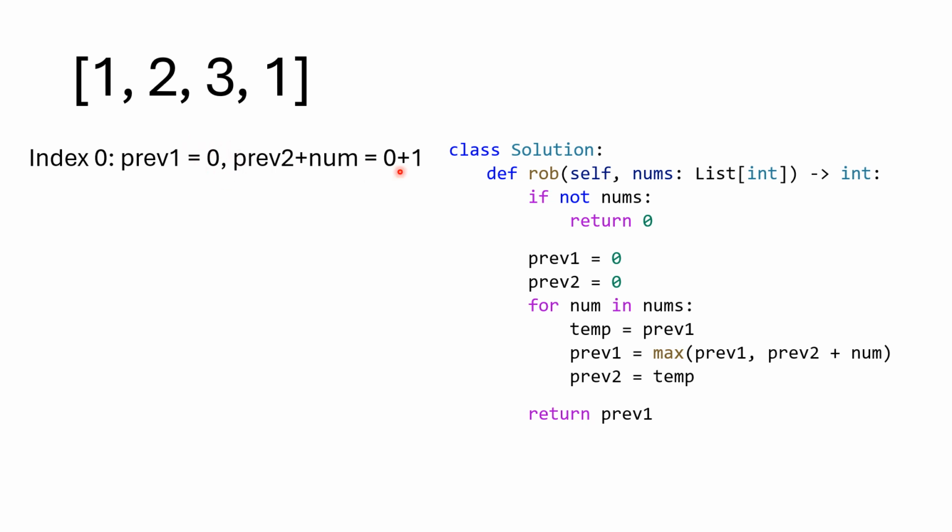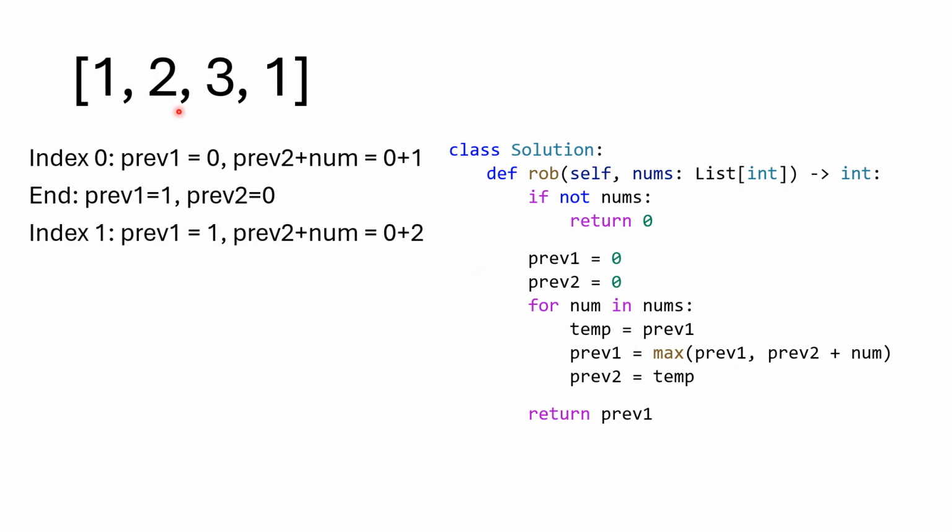Previous one is 0, previous two plus num is 0 plus 1, which equals 1. And previous two will save the value of the previous one. In the end, we get previous one equals 1, and previous two equals 0.